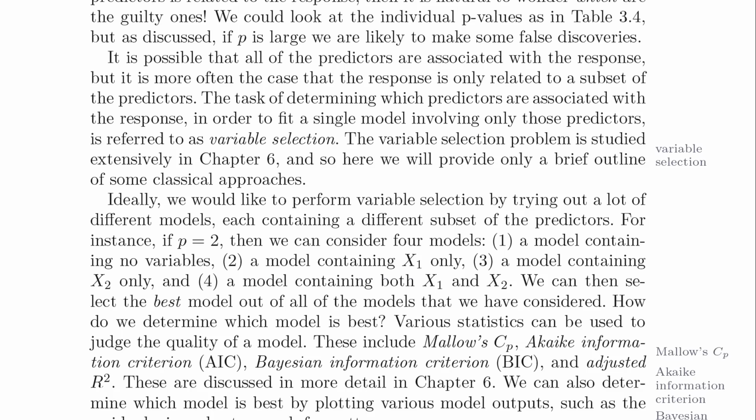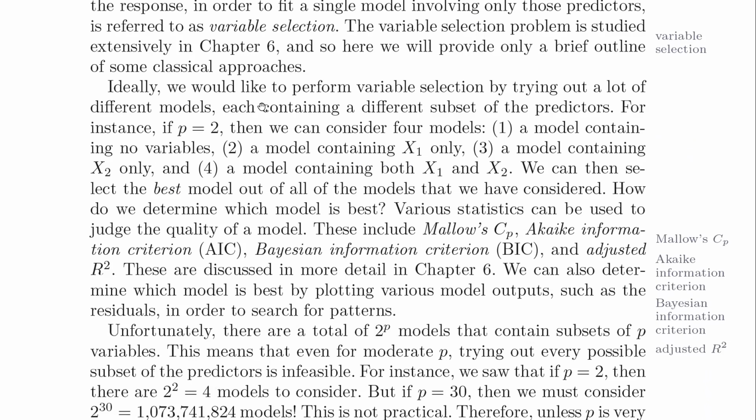And so here we will provide only a brief outline of some classical approaches. Ideally, we would like to perform variable selection by trying out a lot of different models, each containing a different subset of the predictors. So this is kind of like brute force, right?